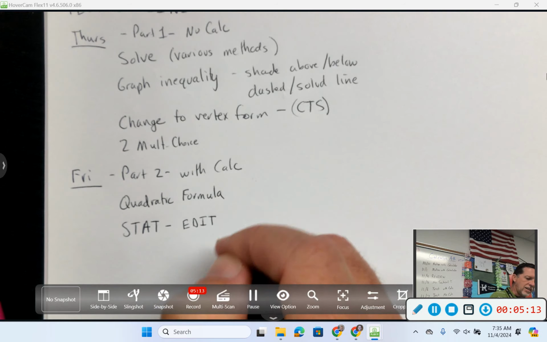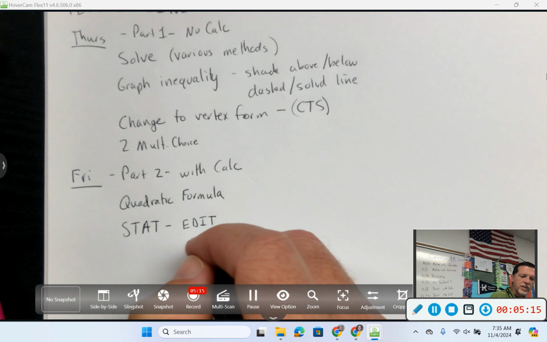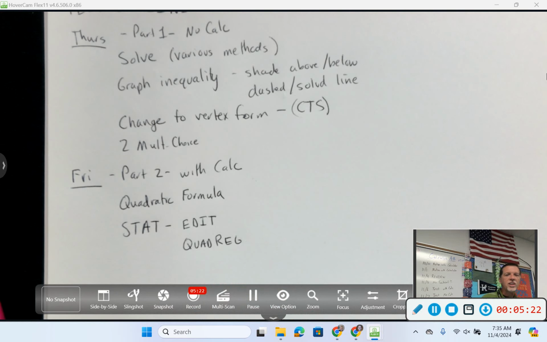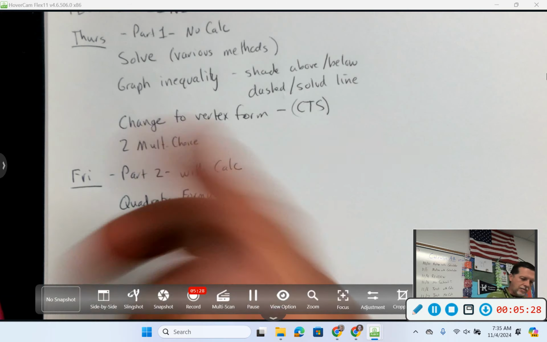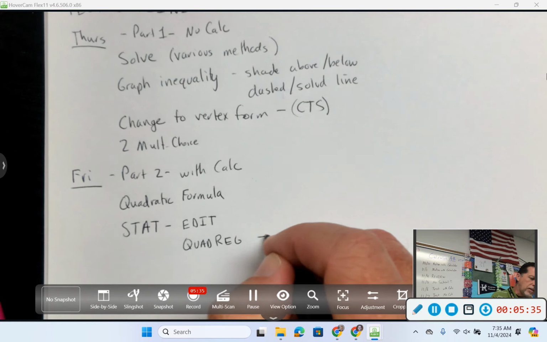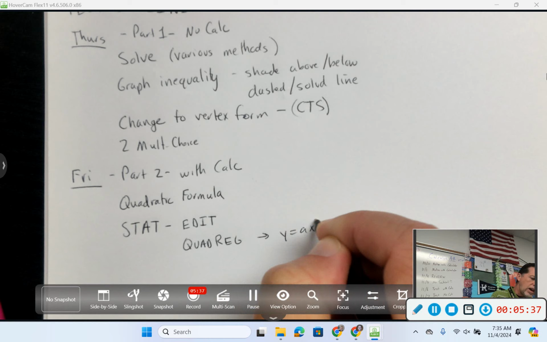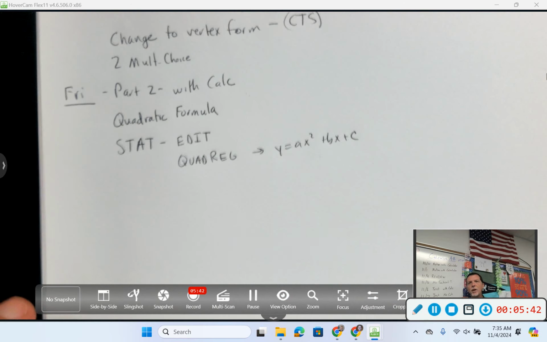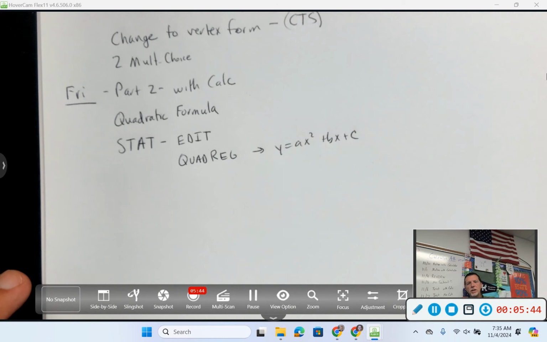That was the edit where you put in the data points. And then quadratic regression. It's not hard, but you got to remember where those buttons are. And then ask questions about the formula that you get, because that'll give you ax squared plus bx plus c, and then we can ask all sorts of questions about the parabola and where it hits.